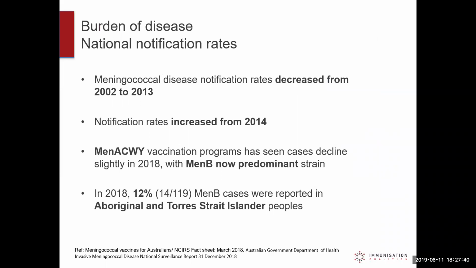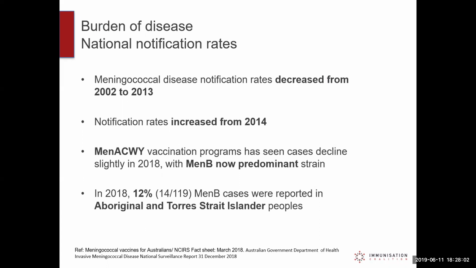So looking at the burden of meningococcal disease across Australia, you can see there that we had a period of time where meningococcal disease notification rates decreased, but then we've seen a rise in notifications as well.